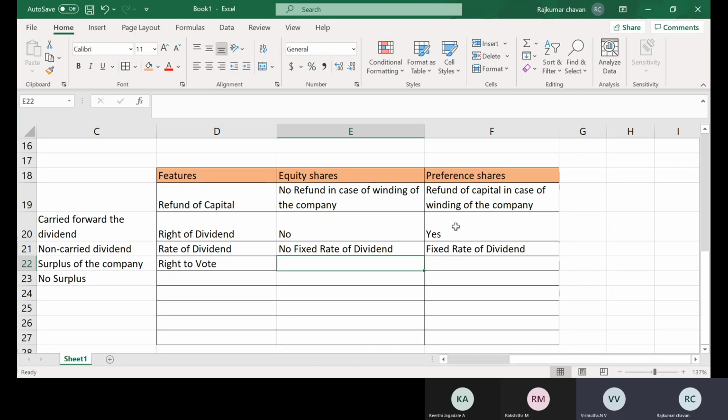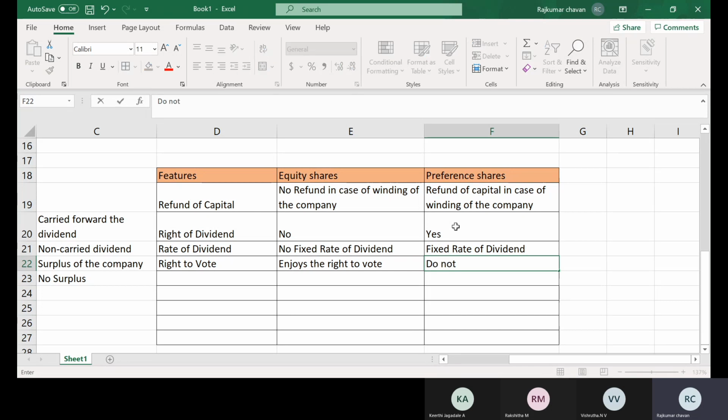Equity shareholders. So equity shareholders enjoy the right to vote, while preference shareholders do not enjoy it.